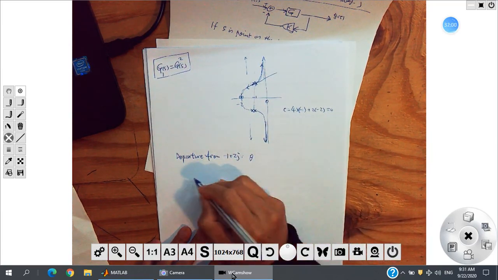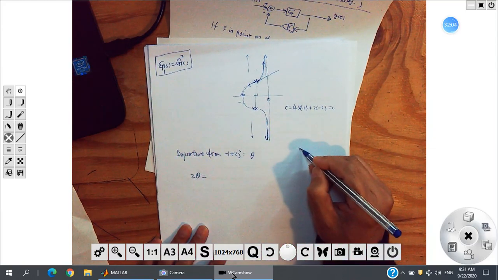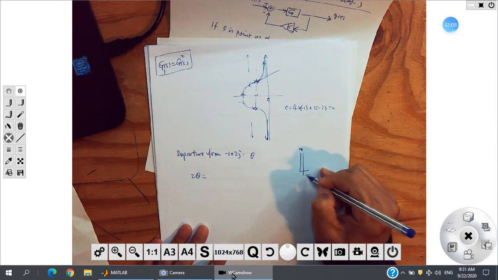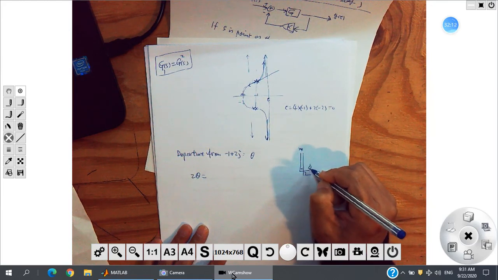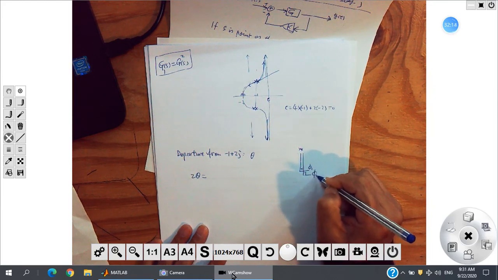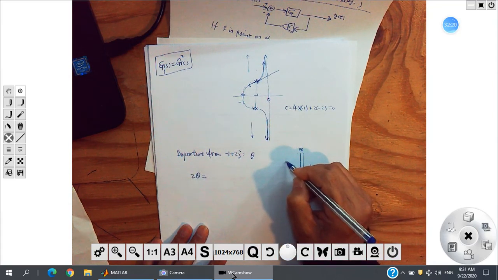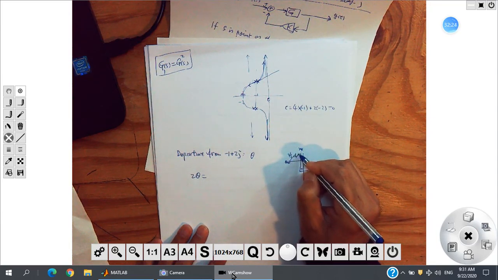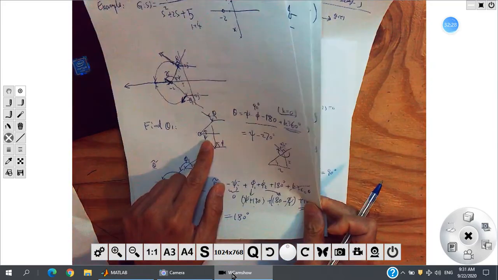Now it's 2 theta. 2 theta equals, okay, I have 2 90-degree angles here, phi 1 and phi 2. Actually they are the same point, both equal to 90 degrees, and 2 circles here, so I have varphi 1 equal to varphi 2 equal to varphi. Varphi is the same angle.